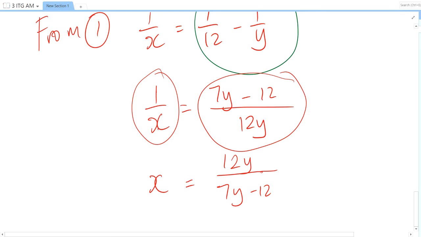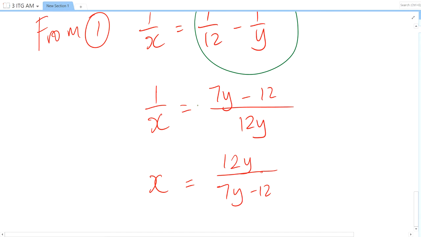Mathematically, what does it mean? This is 1 over x on one side. On the other side, I have another fraction. I can choose to cross multiply, and then after that, you divide again to make x the subject. That's another way of doing it. But once you realize that 1 over x equals another fraction, all you need to do is flip both sides in order to get the expression for x.